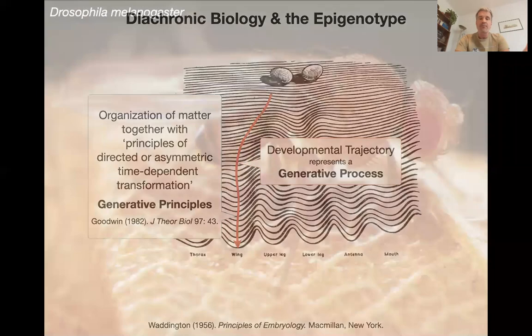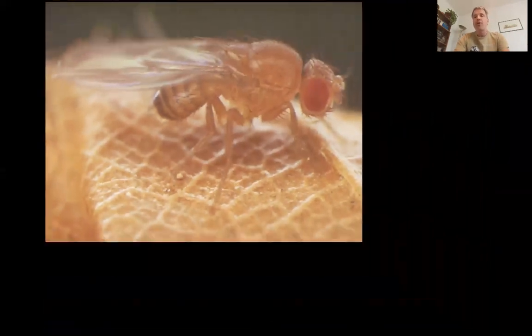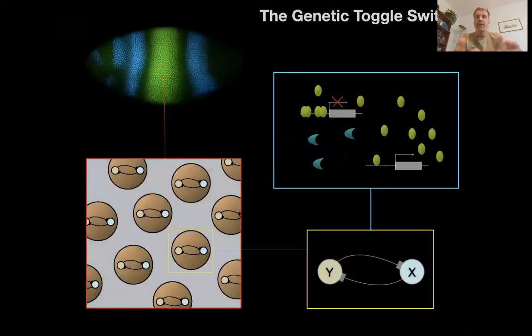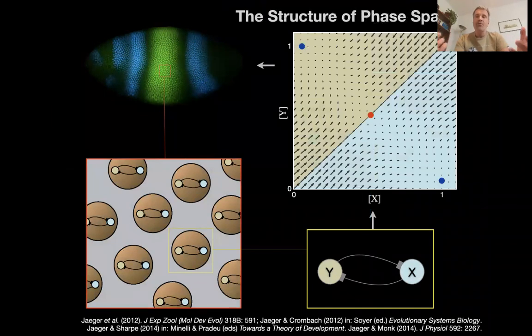We've been through this. Remember, last time I quickly introduced the ideas of dynamical systems theory using this very simple example of the genetic toggle switch between the gap genes Krüppel in green and Giant in blue. And I've introduced the abstract idea of a phase or state space that contains features such as attractors and depicts the flow of the system here, indicated by these arrows.